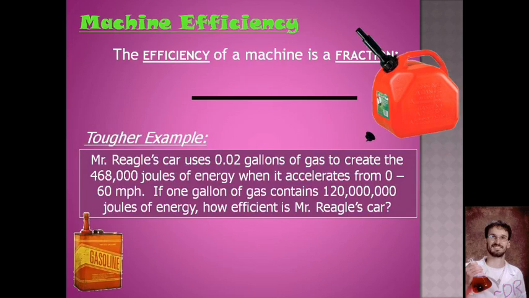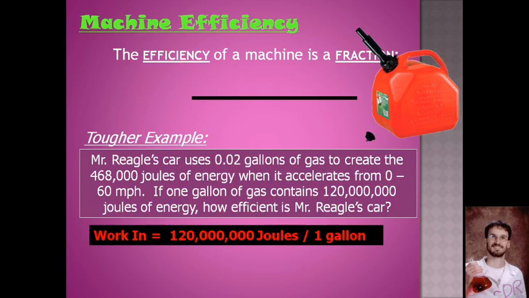If I used 0.02 of a gallon of gas to create that amount of energy that was needed to accelerate from 0 to 60, remember, I did that over a distance of 60 meters, and it took 4.5 seconds. We can figure out the car's efficiency. Well, my work in is how much energy, how much work could be done in a gallon of gas.